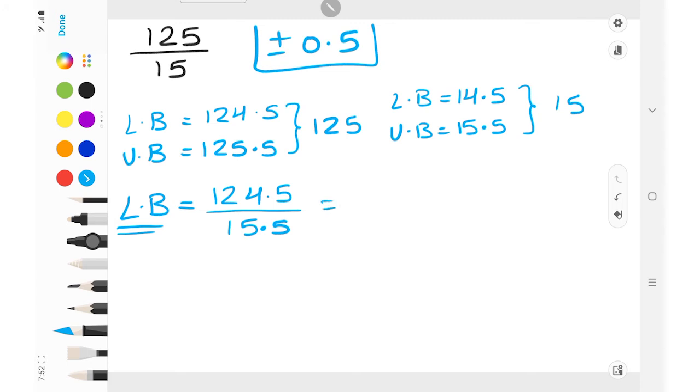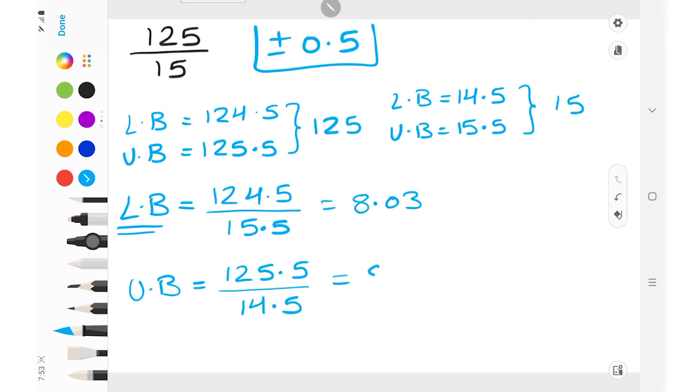So 124.5 divided by 15.5 is 8.03. I will write my answer to 2 decimal places. For the upper bound, I'll take the upper of the first number, 125.5, and the lower of the second one, which is 14.5. My answer is 8.66, also to 2 decimal places. That's it. Just do as the rule says.